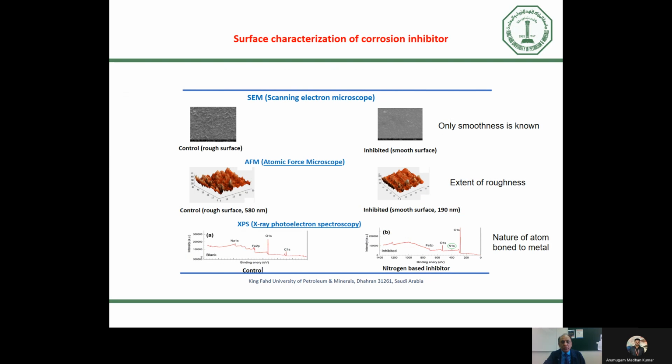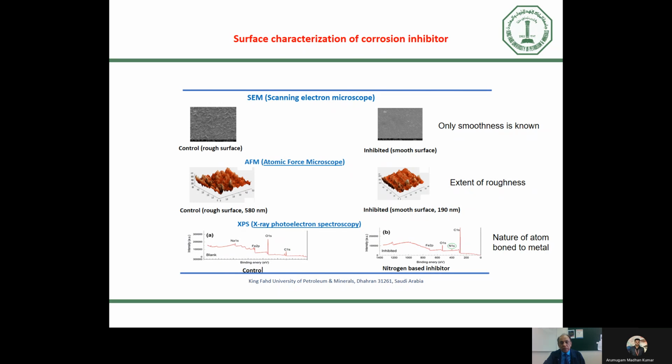And we can also see the surface by different characterizing tools, and we can see whether corrosion is taking place. When corrosion occurs, the surface becomes very rough, and in the presence of inhibitor, the roughness is considerably reduced. This we can know through scanning electron microscopy.